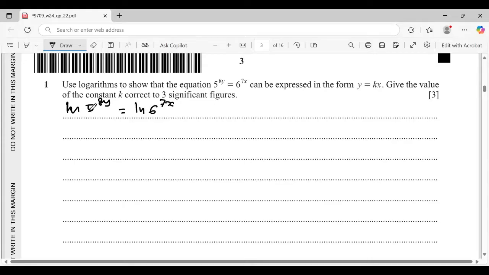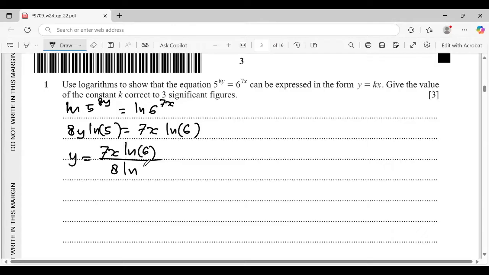Based on the logarithm rule, this equation becomes 8y ln 5 equals 7x ln 6. And we can rearrange this equation to become y equals 7x ln 6 over 8 ln 5, like this.